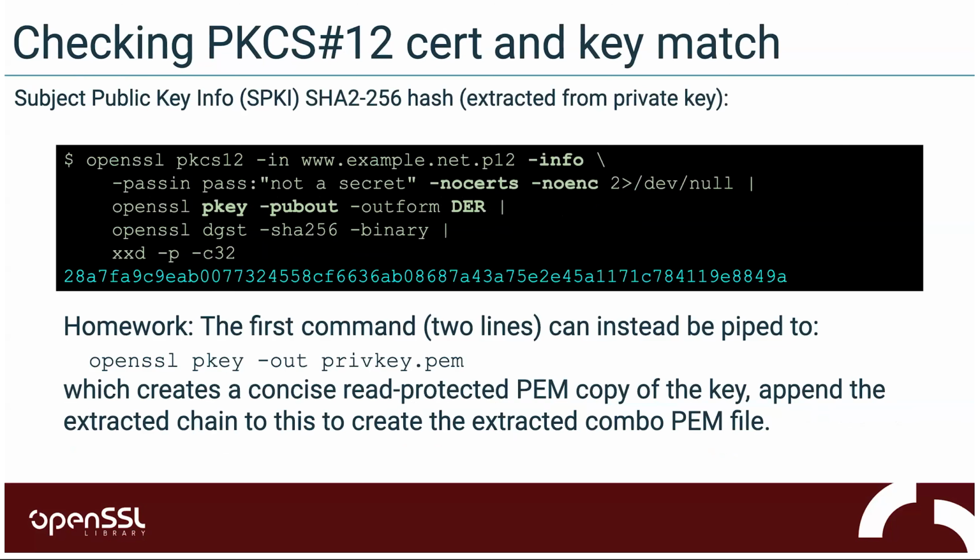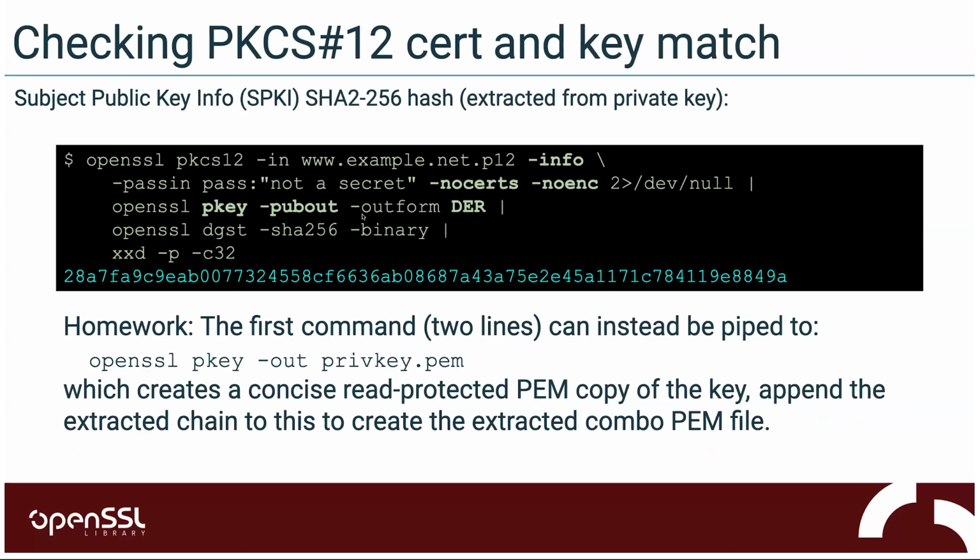Okay, so we've looked at the certificates in the PKCS12 file. We can also look at the key that's in the PKCS12 file. This time, I'm running PKCS12 -info again, but I'm saying no certs instead of no key, and no enc because it likes to always encrypt the private key. But I'm saying don't bother with that.